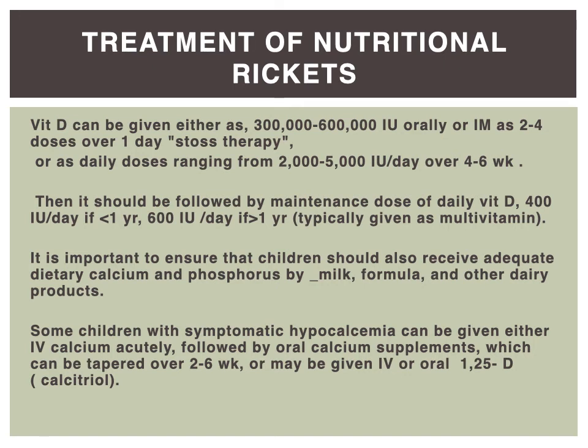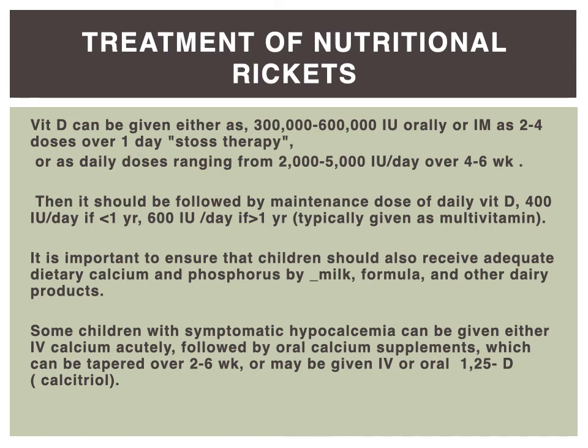Or the other regimen is a very high dose of vitamin D, which consists of 300,000 to 600,000 international units, either orally or intramuscularly. We divide this high dose into 2 to 4 doses over 1 day. This is called stoss therapy.